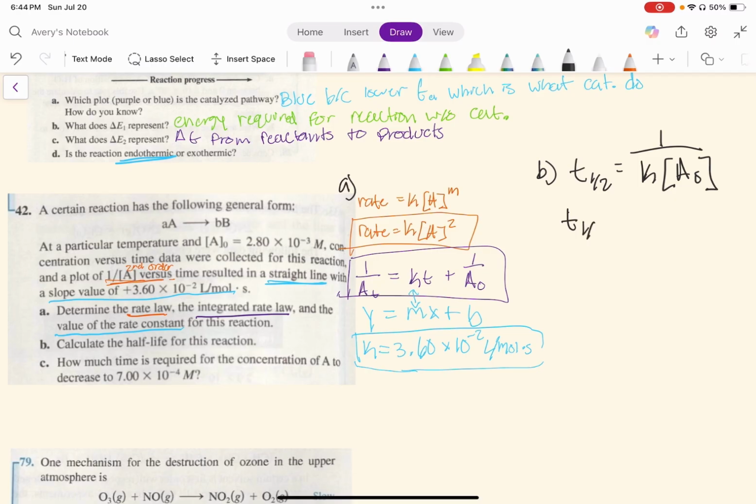So we have t sub 1 half is equal to 1 over k, which we know is, I need to write smaller, we're running out of room.